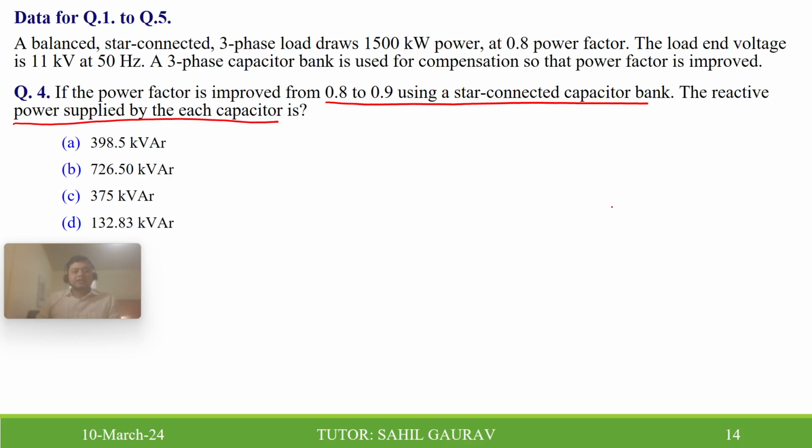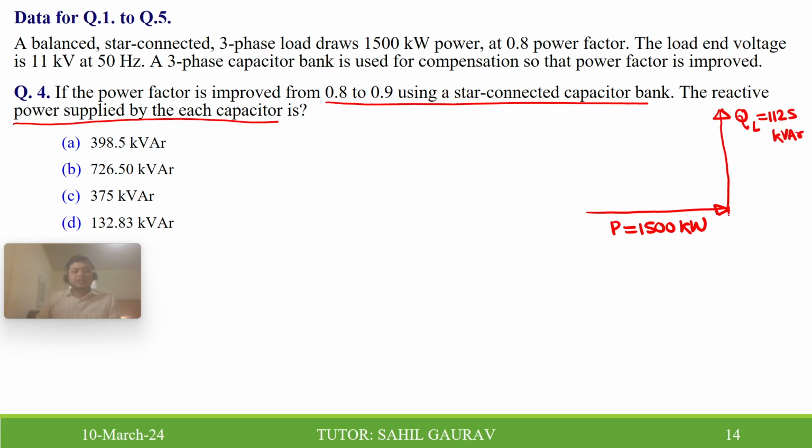So active power is given as 1500 kilowatt. It remains the same. The reactive power demand before the compensation, that we denote as QL, is 1125 kVAR.